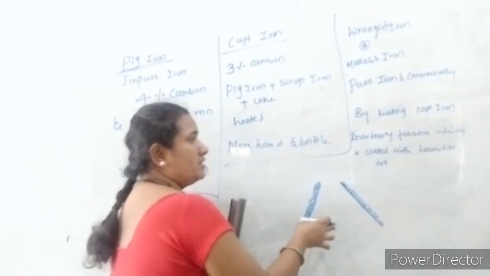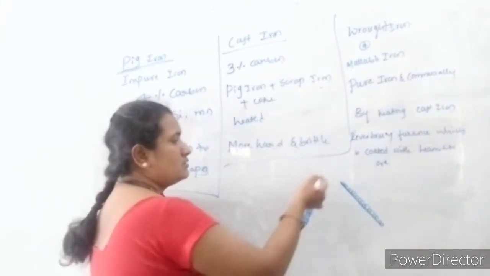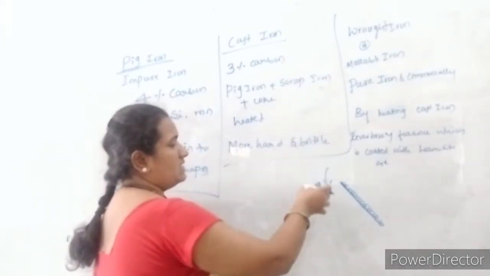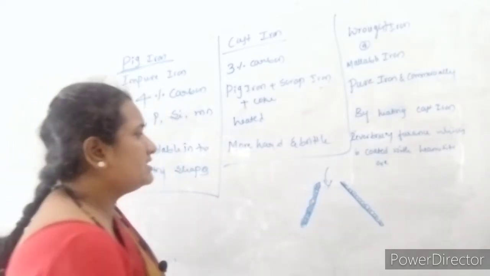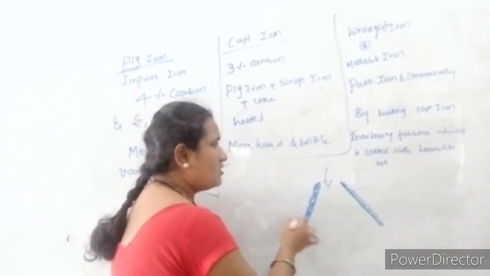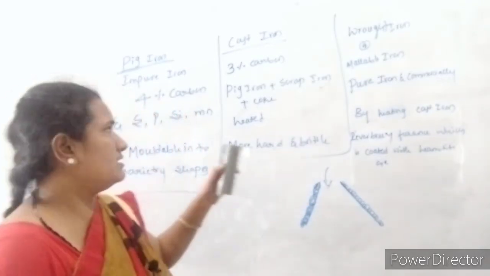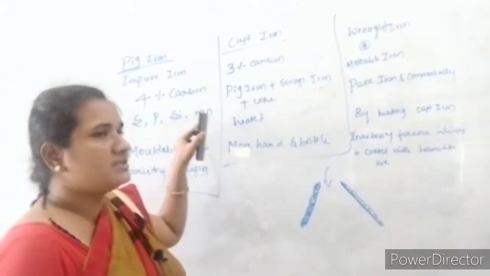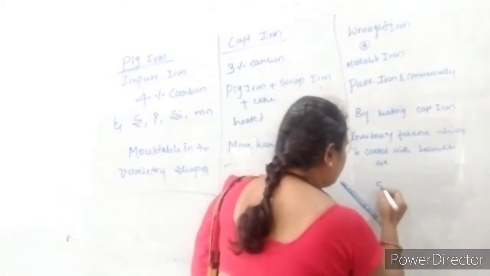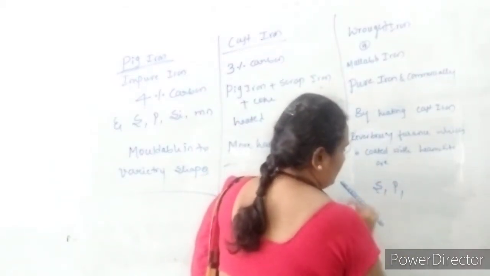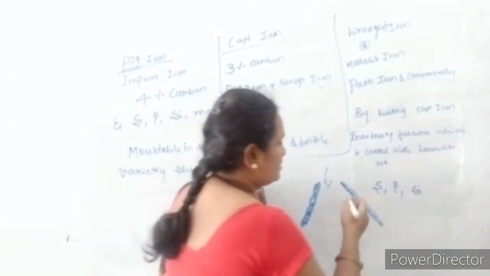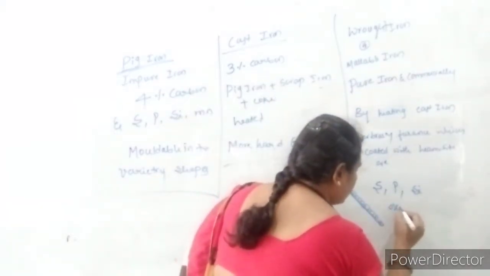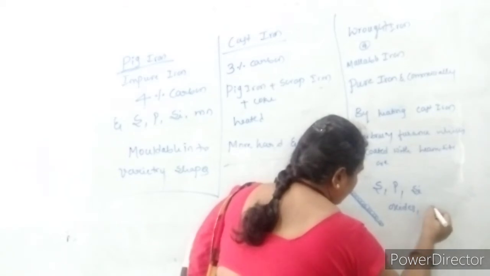Whenever we are coating this furnace with hematite, the cast iron enters into this furnace and reacts with the iron oxide. All the carbon as well as sulfur, phosphorus, silicon and manganese, whatever is present, undergo oxidation and are converted into their oxides.